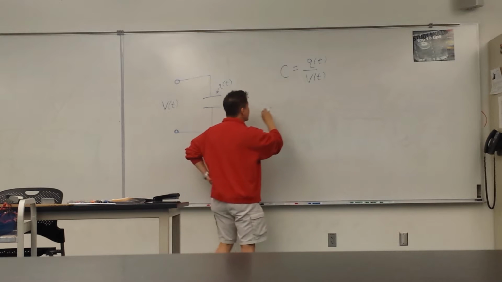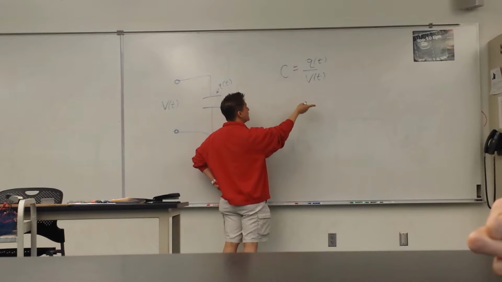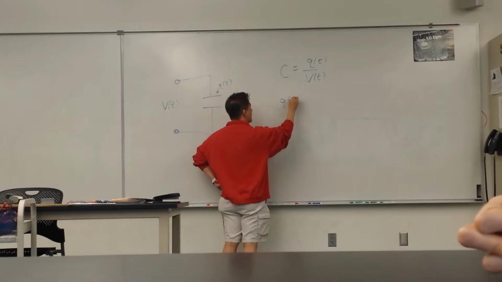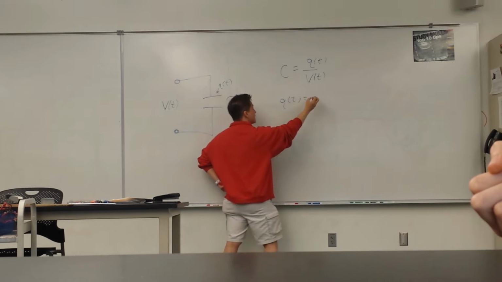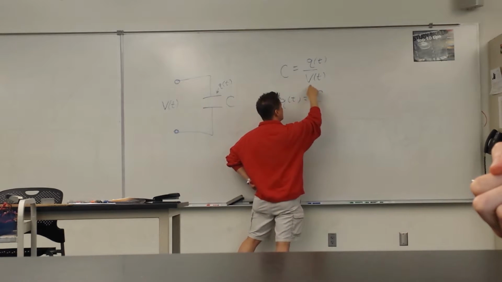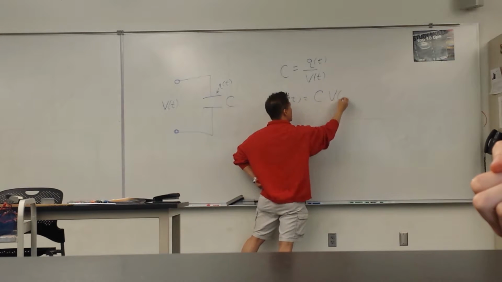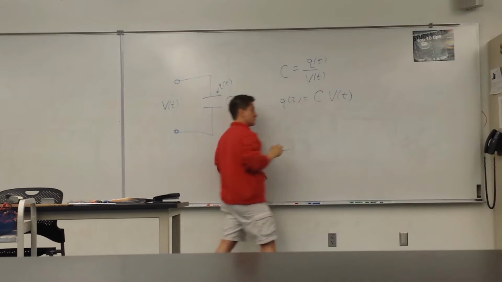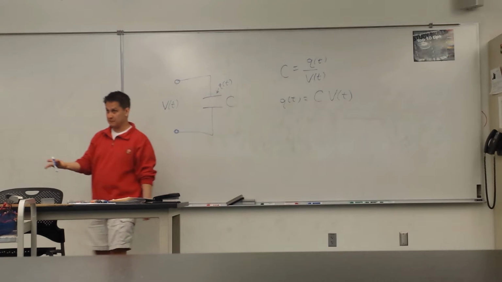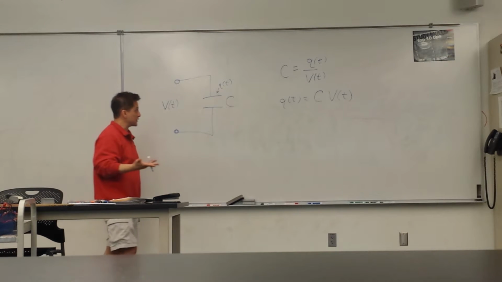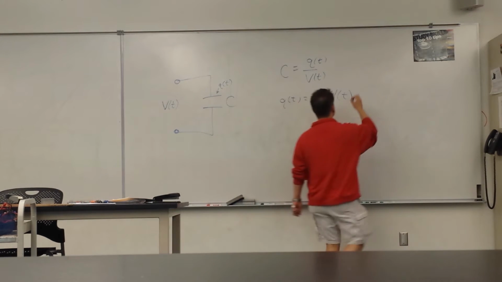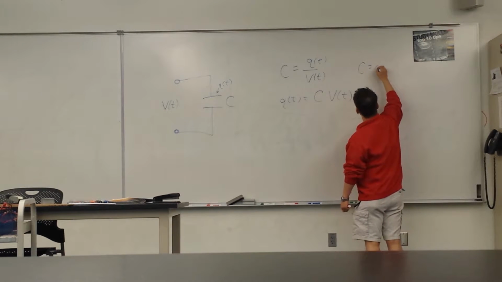Now, what's kind of interesting about this is another way of looking at this is to say then that the charge at any given time on the capacitor will be related to, I'll bring the voltage over to the other side, this constant times the voltage. And I'll make a note that C is the capacitance.